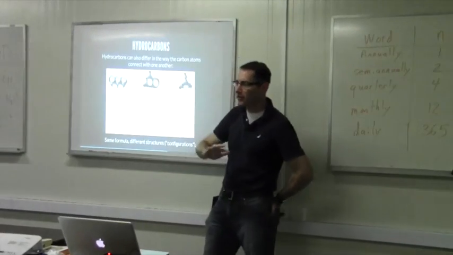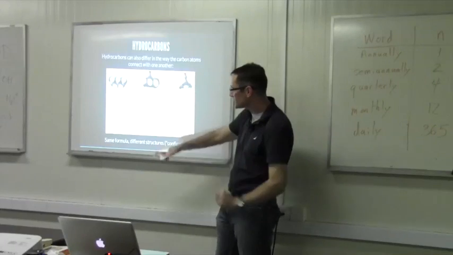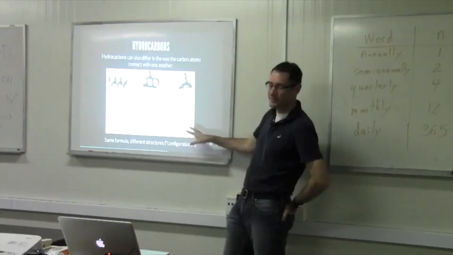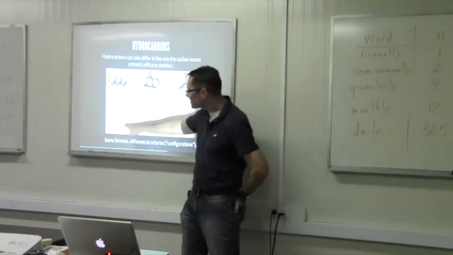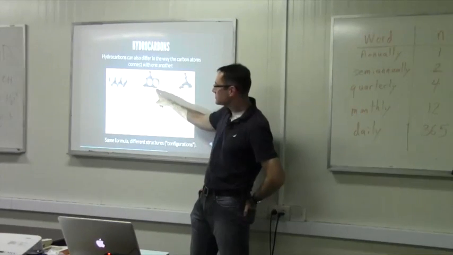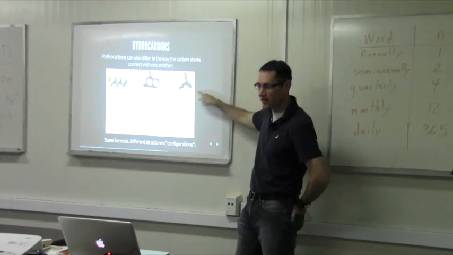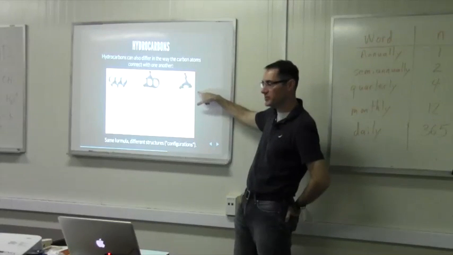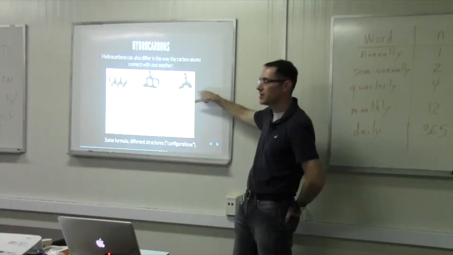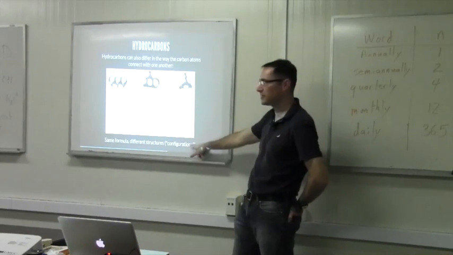And they don't bother showing you the hydrogens because we always assume the hydrogens are there. It's just an easy way. Notice something about this. This is C5H12. This, C5H12. This, C5H12. They've all got 5 carbons and 12 hydrogens, but they're just arranged differently. We call those different configurations.